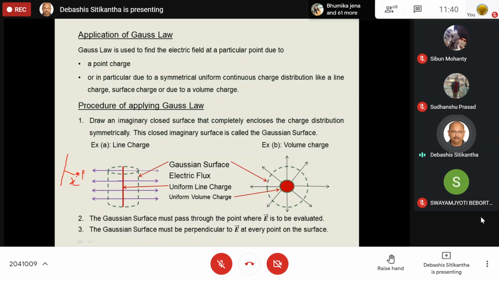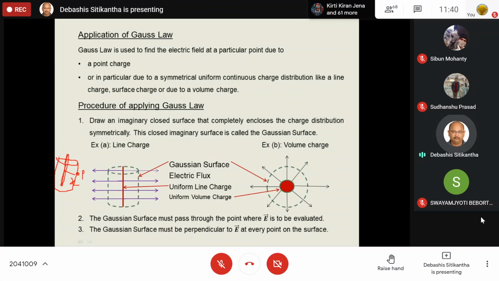Now, by application of Gauss law, what is the procedure? The first procedure is that we have to draw a Gaussian surface which must enclose the charge distribution of this line segment, and please remember that the surface must pass through the point where we want to evaluate it.